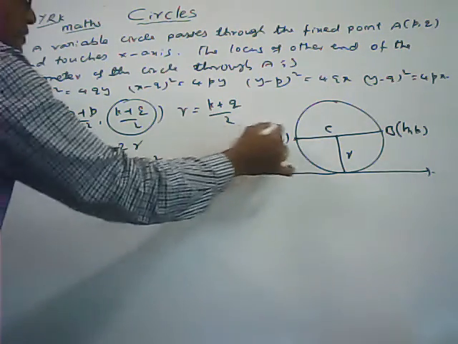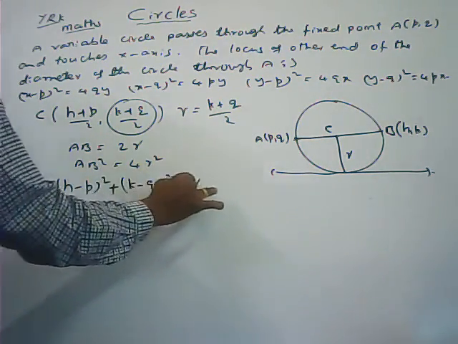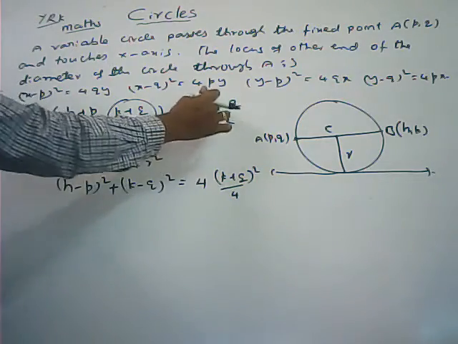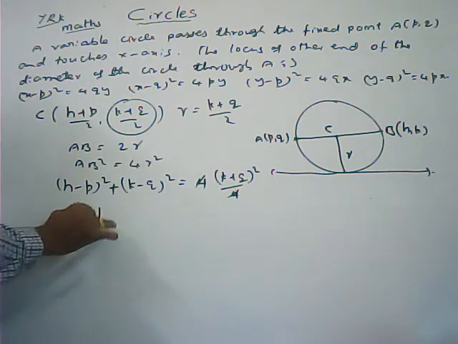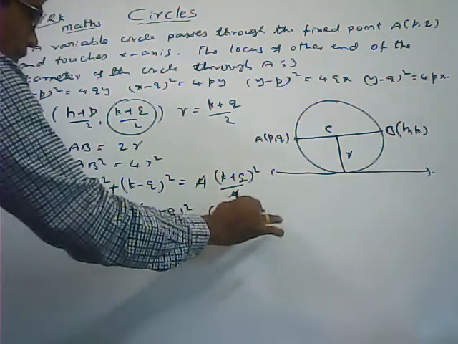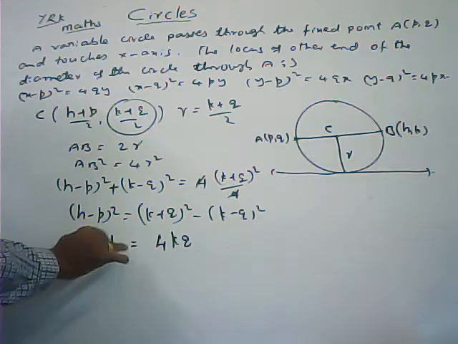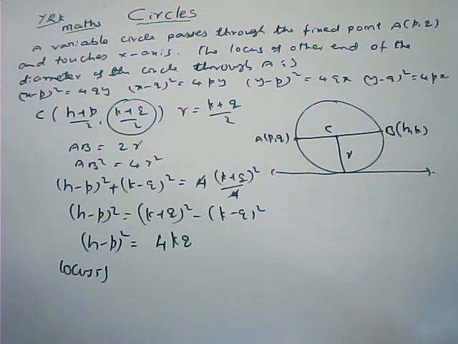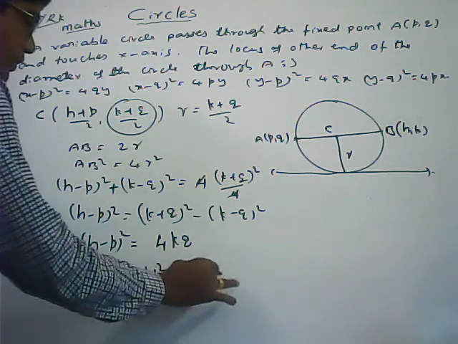What is the distance between these two points? (h - p)² + (k - q)² = 4r², where r² = (k + q)²/4. Here the 4 gets cancelled, and (h - p)² = (k + q)² - (k - q)². Using (a + b)² - (a - b)² = 4ab, this is 4kq. So (h - p)² = 4kq. The locus is of the point (h, k), so in place of (h, k) you can put (x, y): (x - p)² = 4qy.